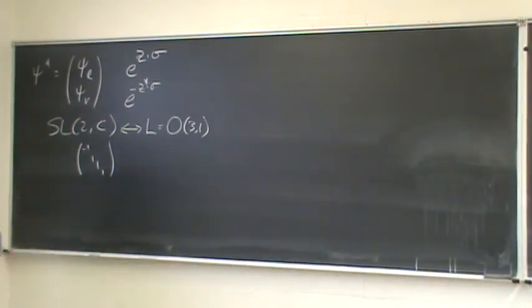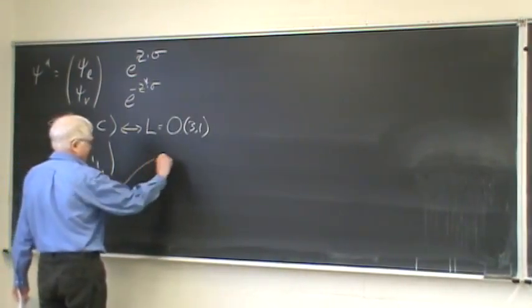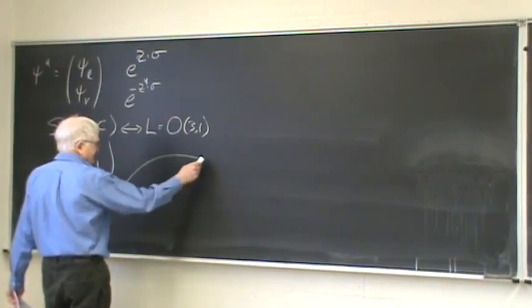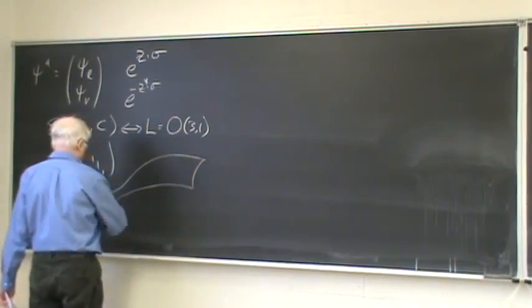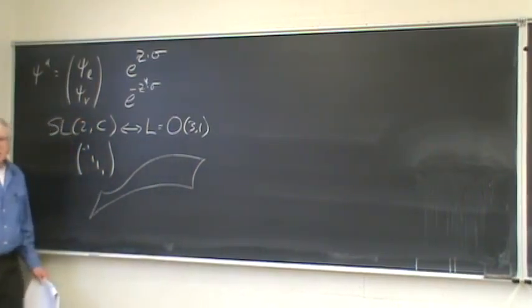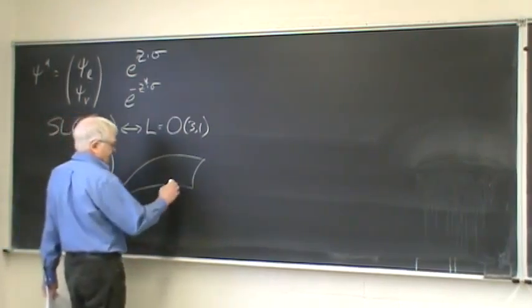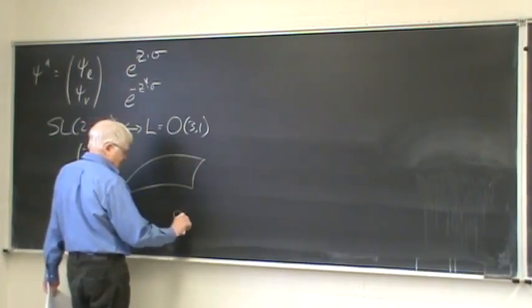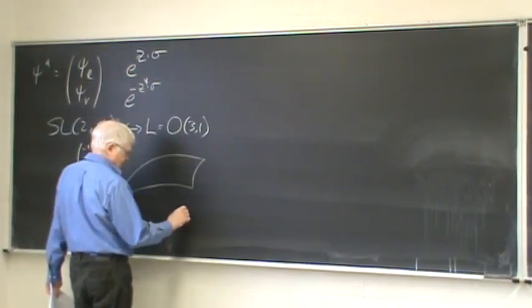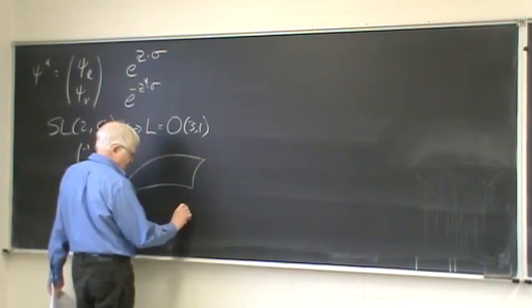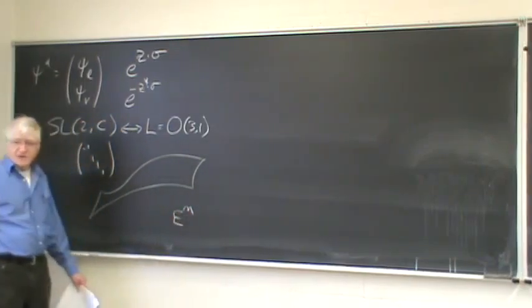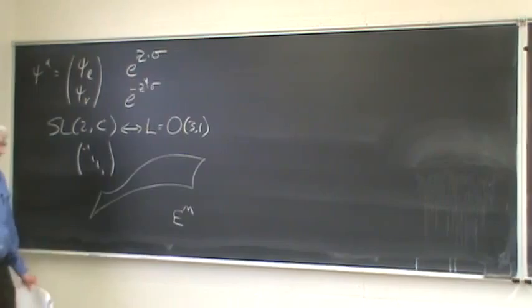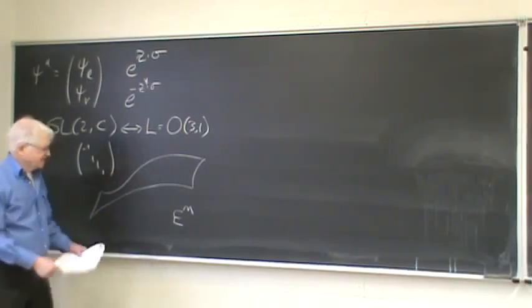The way I think of it is that space-time is some sort of a manifold in a higher dimensional Euclidean space. So this is space-time, and it's inside something that's, I don't know, E8 or E9. Let's just call it En, some higher dimensional Euclidean space, and it is some curved space.